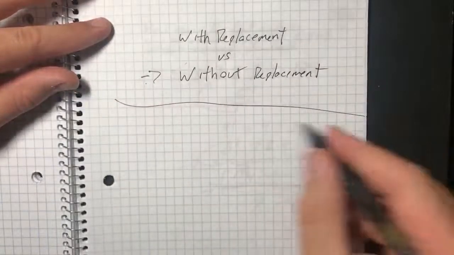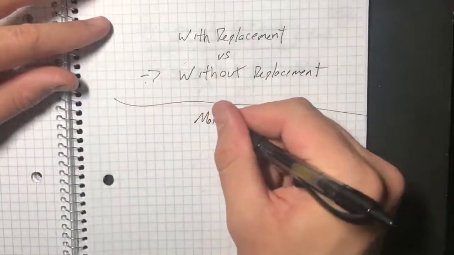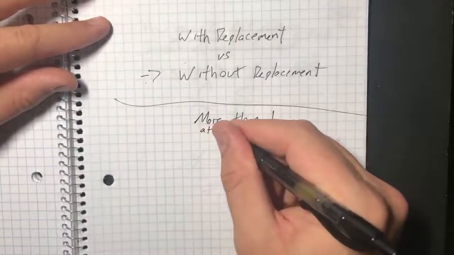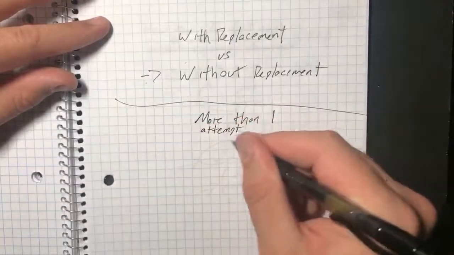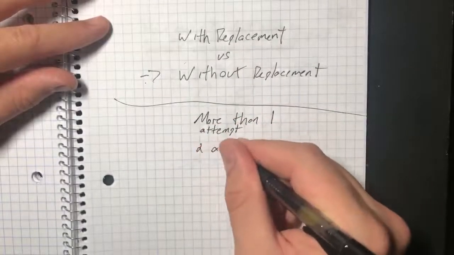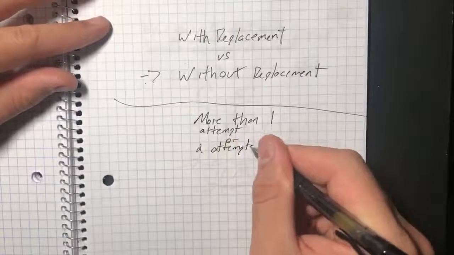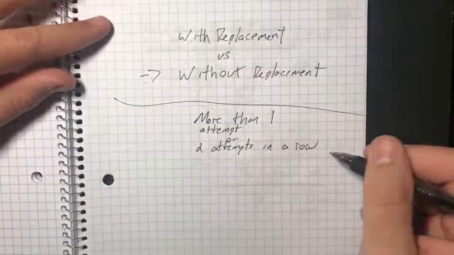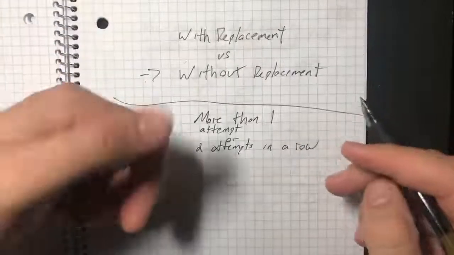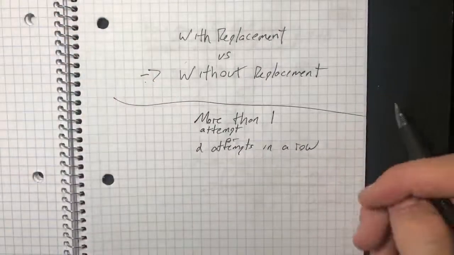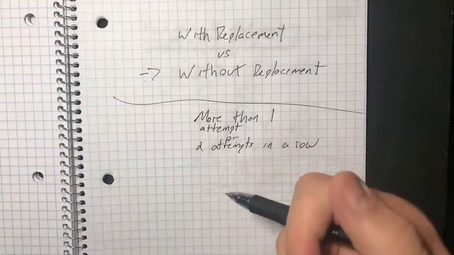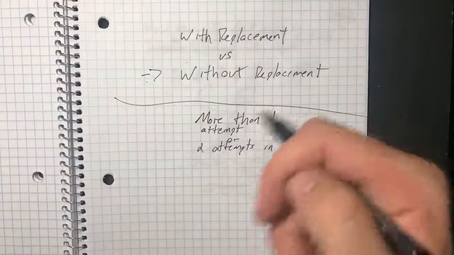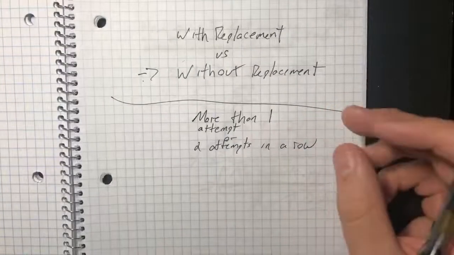The second thing we need to talk about is if there's more than one attempt, like 2 attempts in a row. The big distinction: would you rather I say you flip a coin once and get heads and we'll go to Taco Bell, or flip a coin 25 times and get heads every single time?